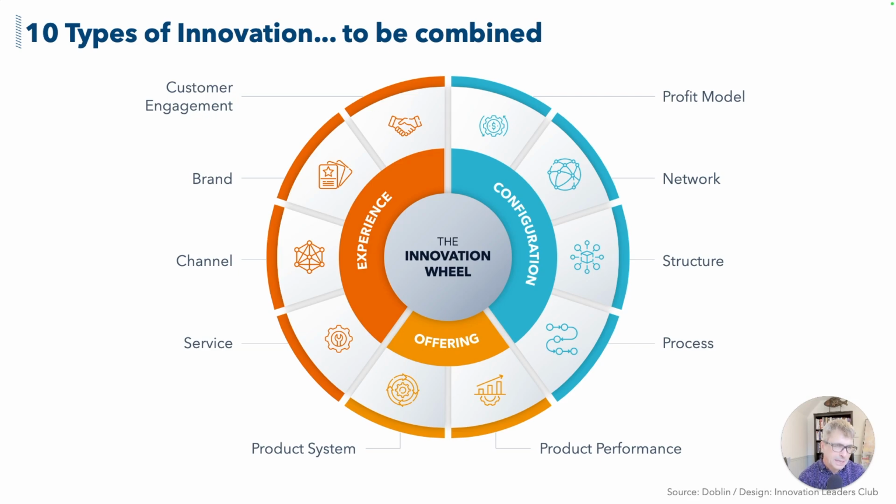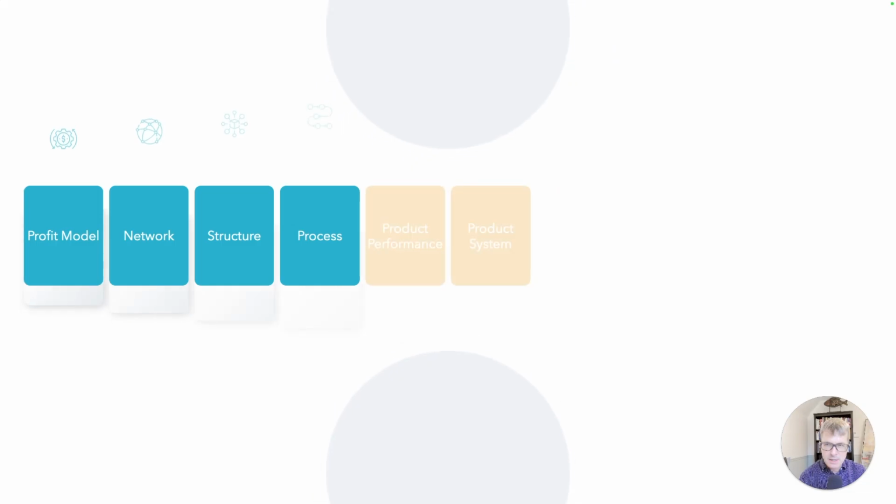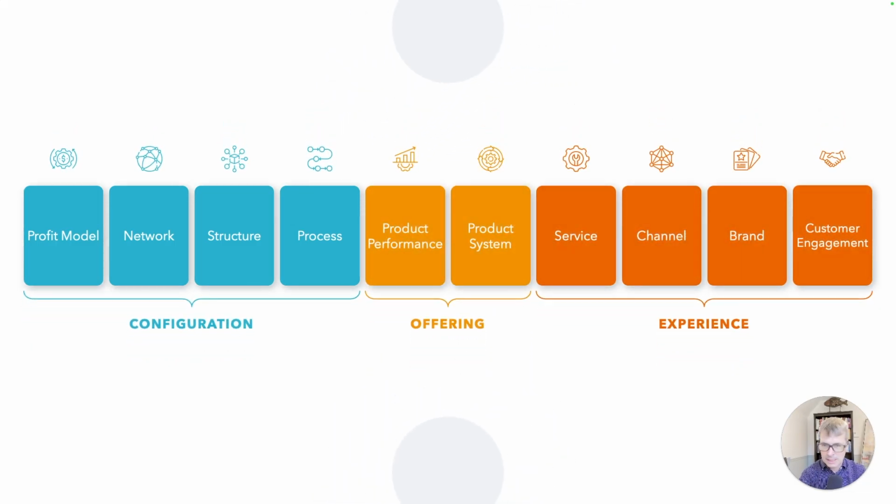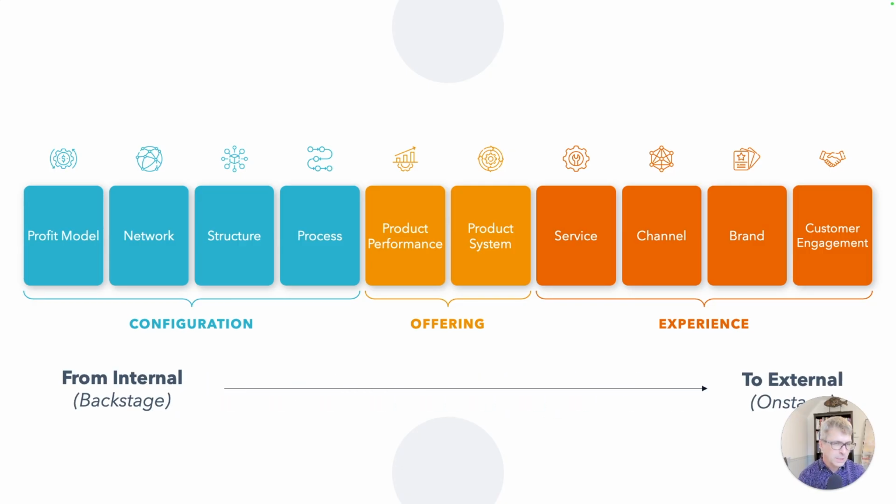But before we get into that, there's something very interesting. If you look at it more flat, which makes it easier to look at, on the left-hand side it's very internal, while when we get into the experience, it's very external, or let's call it backstage versus on stage.